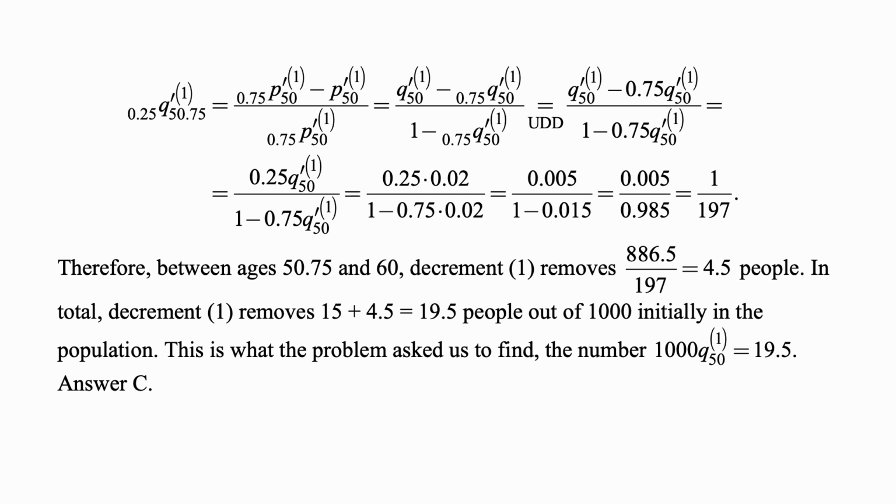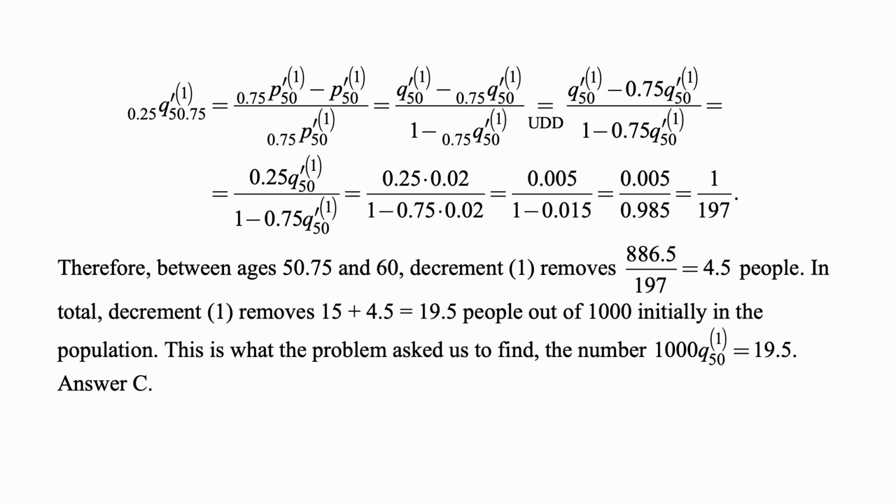You have to adjust for the size of the population at age 50.75, and the bottom does that effectively by accounting for the probability of survival to that moment. So it becomes 0.005 divided by 1 minus 0.015. So this is 0.005 divided by 0.985. And I like fractions instead of decimals, so I wrote it as 1 over 197.